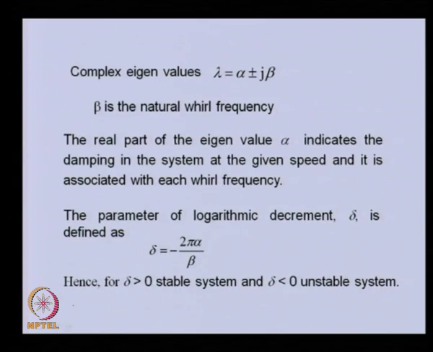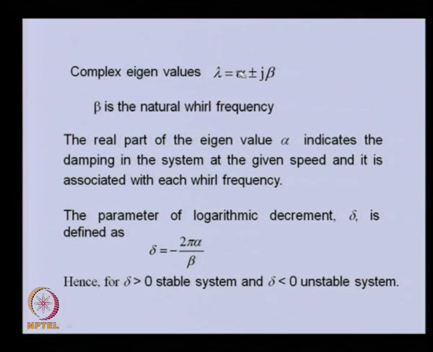The complex eigenvalue will be of this form, where both real part and imaginary part will be there. The imaginary part corresponds to the natural whirl frequency. The real part will indicate the damping in the system at a given speed, and it is associated with each whirl frequency.